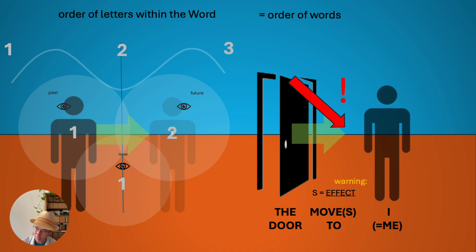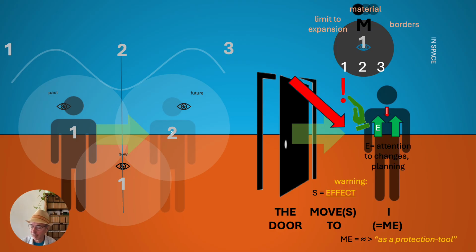The S is about that effect. If I have just "I" that moves to I, you're not prepared. You move to me, you are prepared, because the M is saying, okay, I go to my own limits, I know my limits, and I know what I need to change for it, what I need to do for it, as if I almost have a signal, okay, something is going towards me.